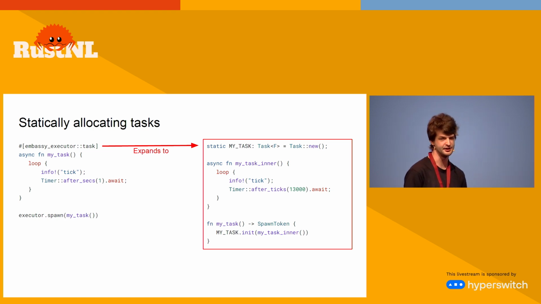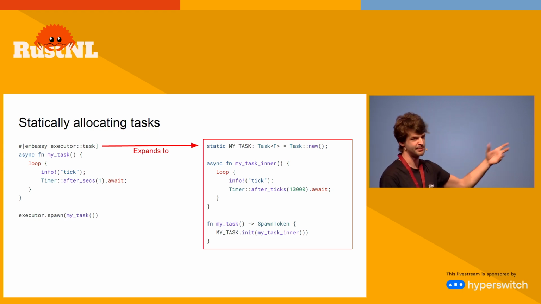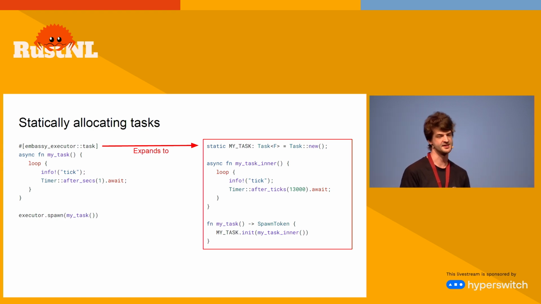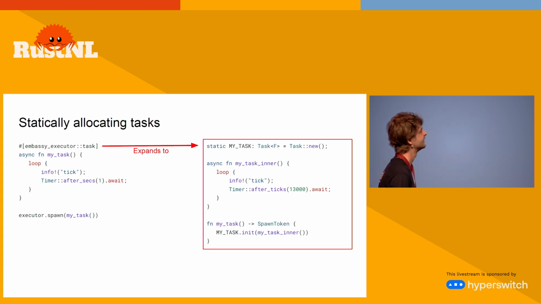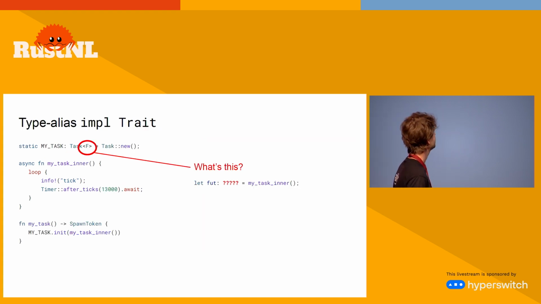So instead of returning the actual future, it returns the spawn token, which is kind of a pointer to a task that's been initialized and is ready to start running. Because we cannot actually pass the future to the executor like you would in std, because the executor would have to heap allocate it.